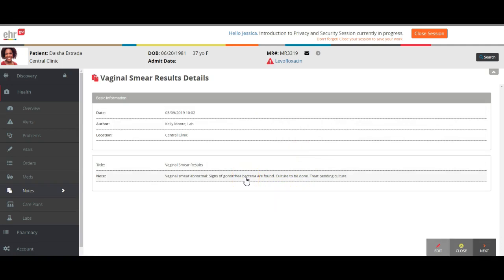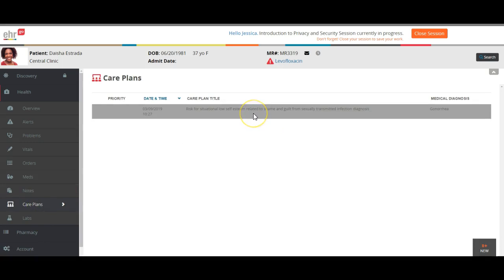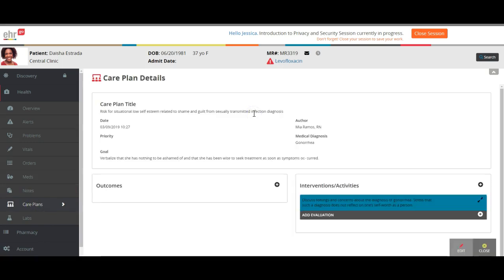Signs of gonorrhea are found, culture to be done, treating pending culture. So they're going to treat pending the culture if she's gonorrhea positive. Here's the other thing. If you look at her care plan, she's at risk for situational low self-esteem related to shame and guilt from sexually transmitted infection diagnosis.